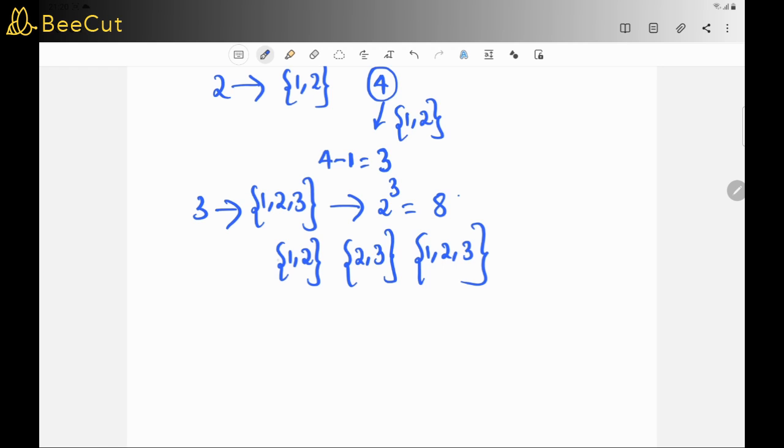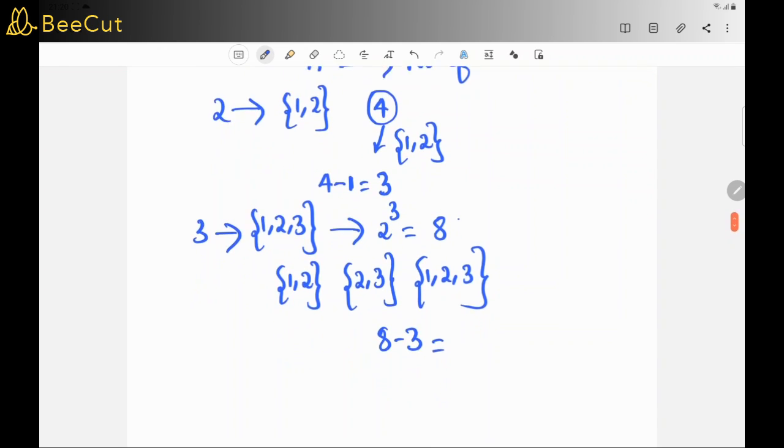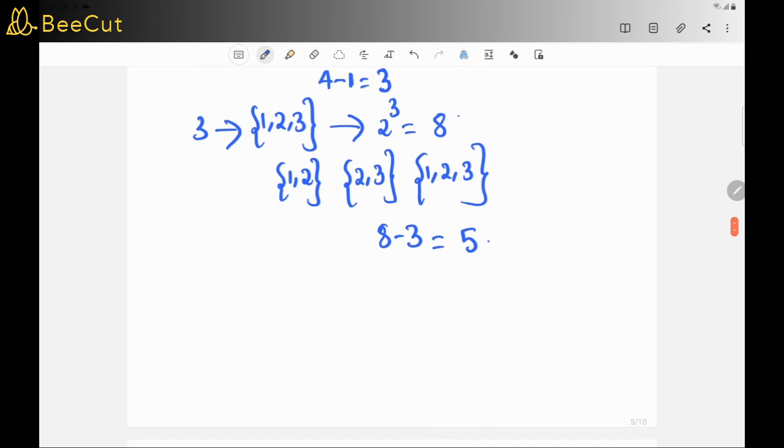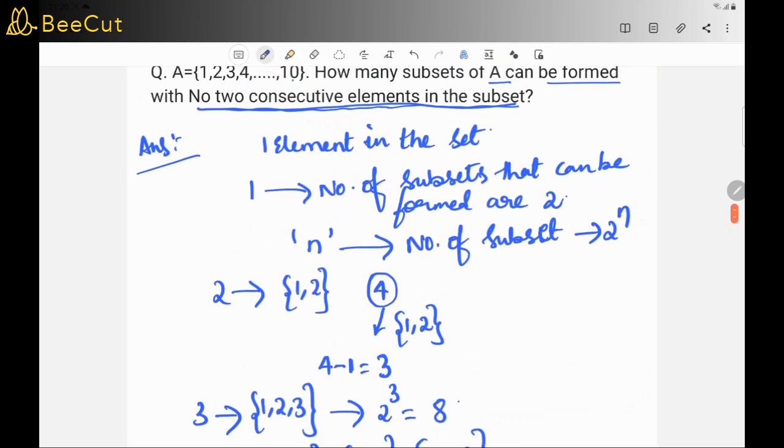So we need to subtract these 3. So 8 minus 3 is 5.